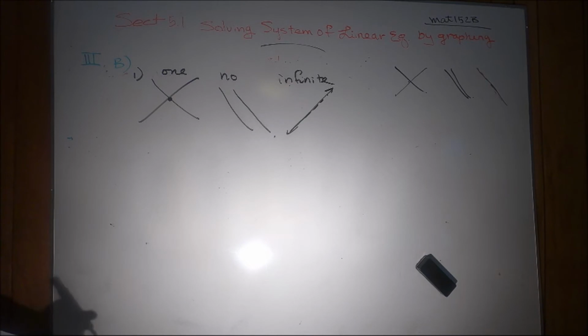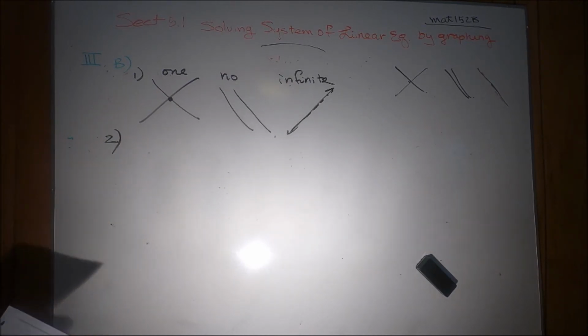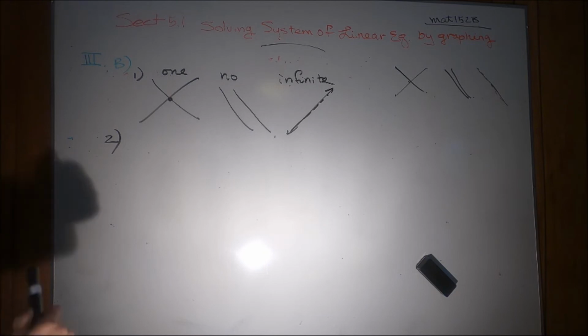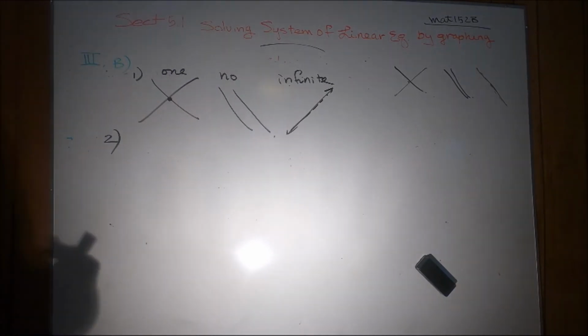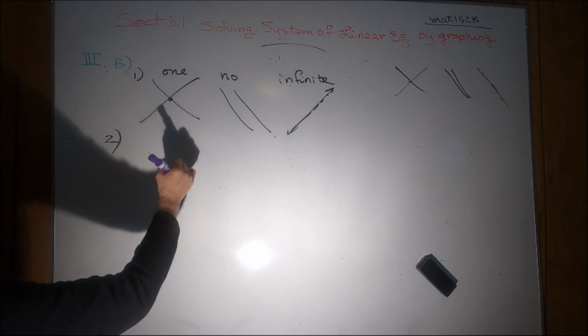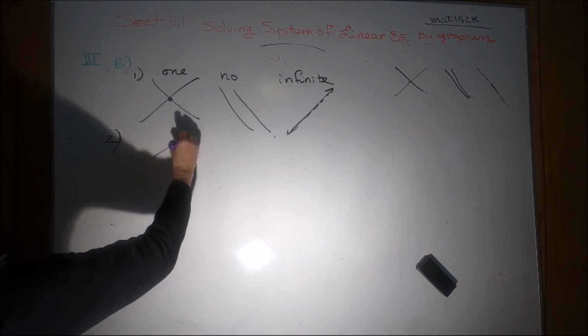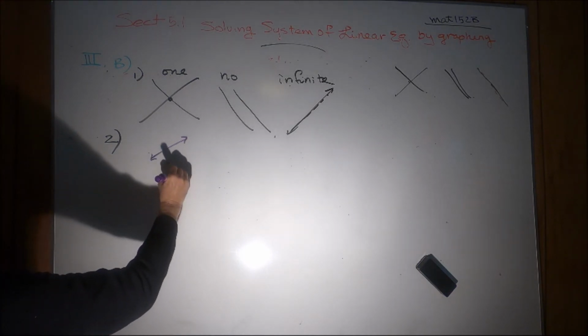Now let's take a look at page 3. Okay, so we know 2 lines have these 3 conditions, right? For this one, what do you think? We say if the line goes up from left to right, it means the slope is what?